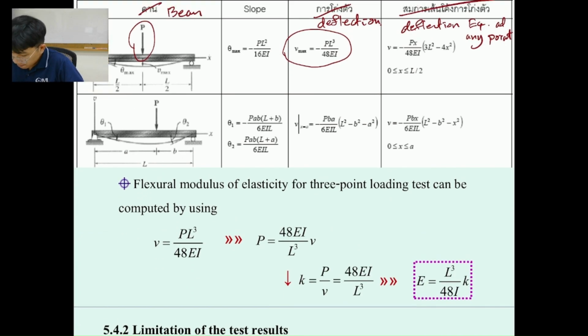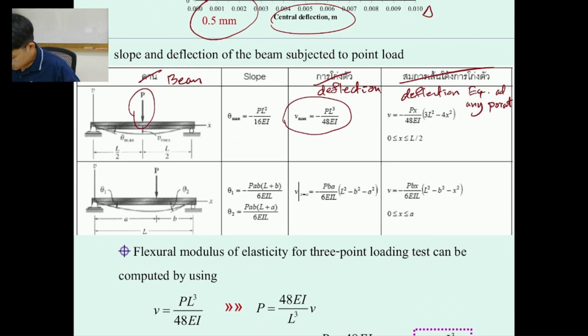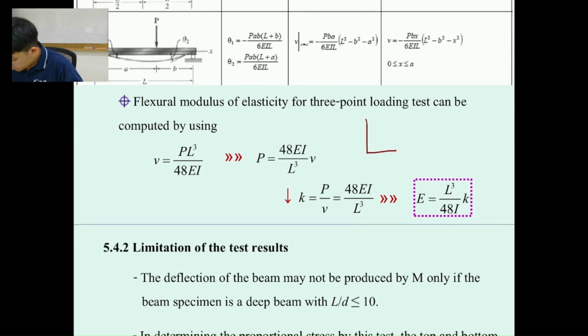So if we look at the test, you can see that we plot the P with the deflection, or we plot F with the delta over here. So let's see. From the lab, we test like this. We have F, we have delta, and then we're going to plot a curve like this, and then it fails.